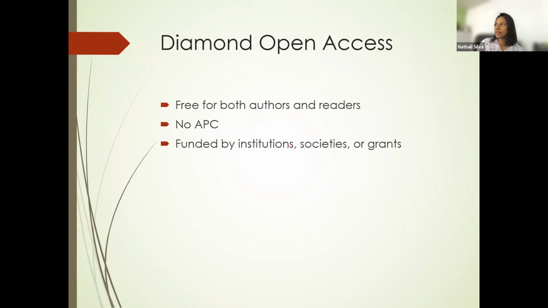And diamond open access is free for both authors and readers. No article processing charges. Generally, these kinds of diamond open access journals are funded by institutions, grants, or societies. If we take a look at the Chinese universities nowadays, they have a lot of journals, even under Elsevier, high quality top tier journals. They are open access, but authors and readers don't have to pay anything.